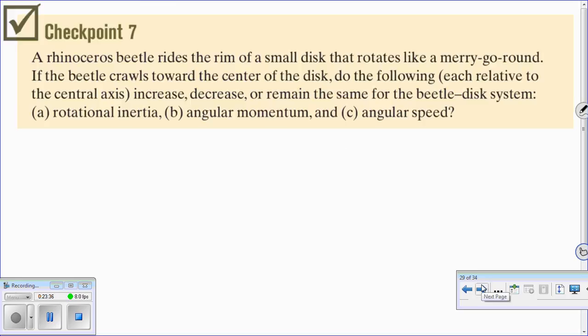For whatever reason, your book is really big on the rhinoceros beetle. There are, and I'm not exaggerating, probably 10 different references to the rhinoceros beetle. And it's always about this. I assume, I didn't Google it because I haven't had time, the rhinoceros beetle is a relatively large bug. But he's always on a record player or a disc that's rotating around. What if it's the same beetle? I don't know. It's a good question. We should name a beetle.